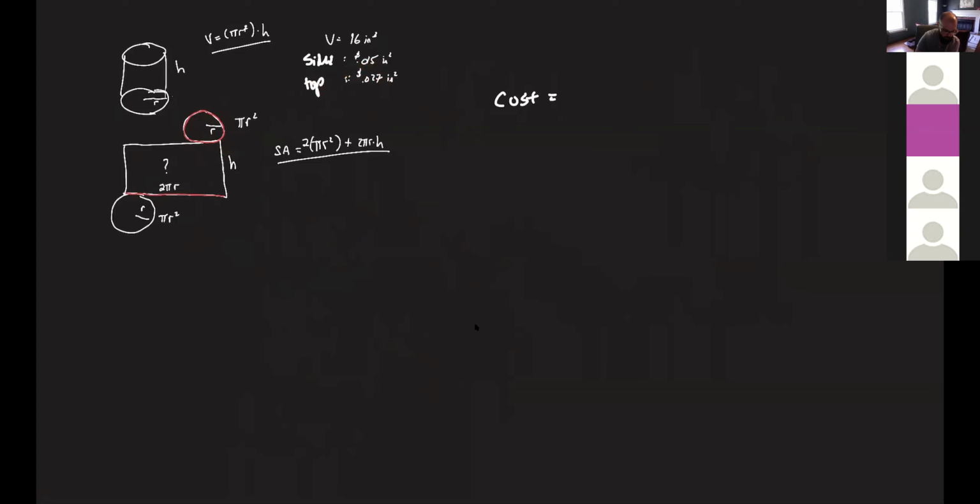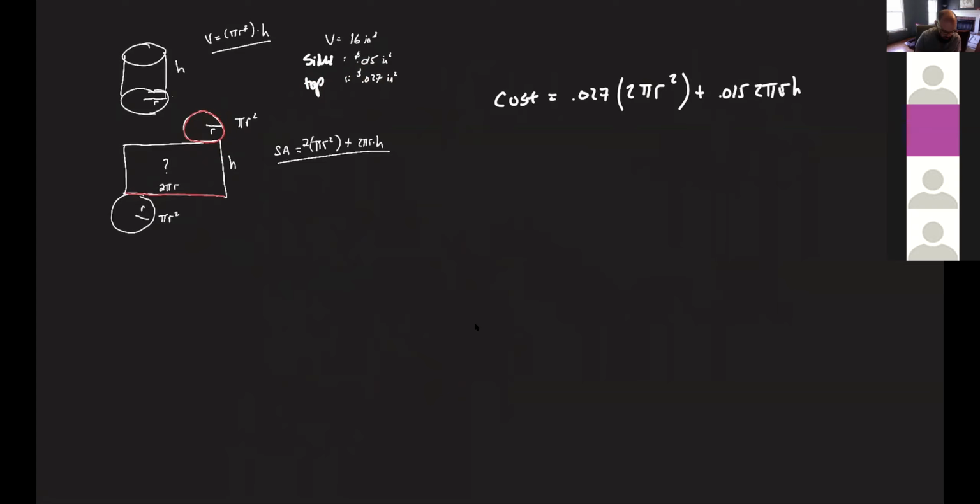So for the top, 0.027 times 2 pi r squared plus 0.015, that's the cost of the sides, times how much stuff is on the sides.